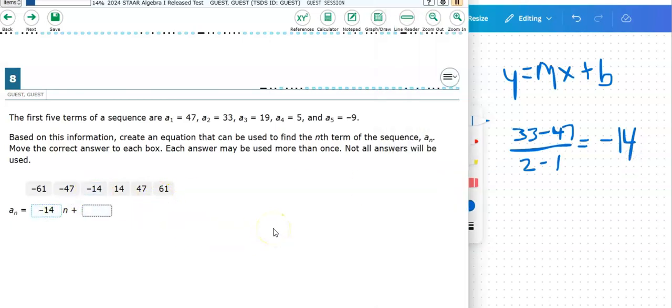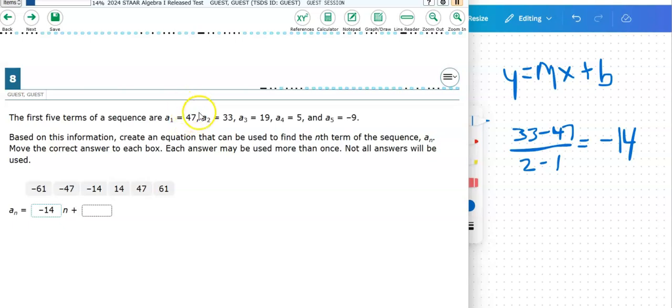Okay. Now, we can do a whole bunch of point slope form and all kinds of other things to get to the y-intercept. But an easier thing to do is that since here's 2, here's 1, imagine there would be an A0. A0 would be just to the left of this.